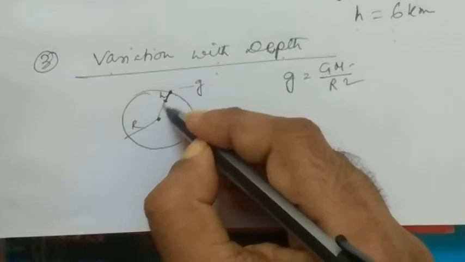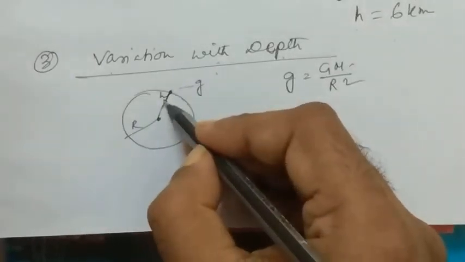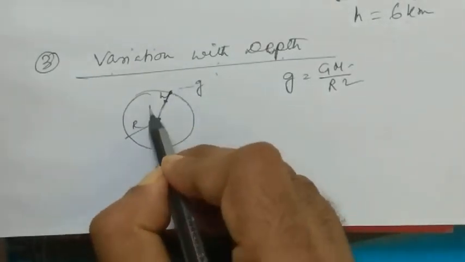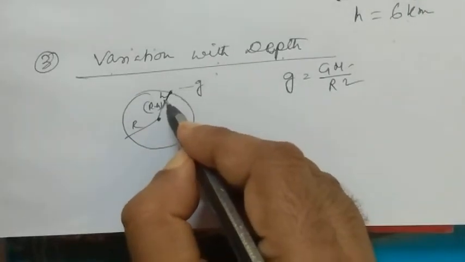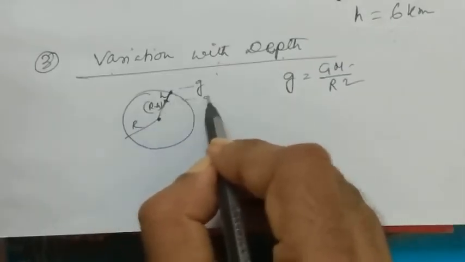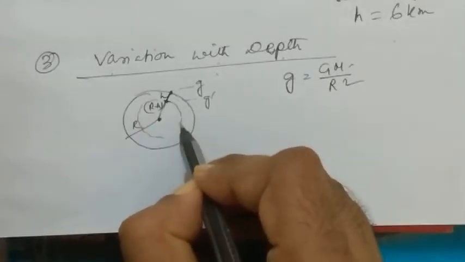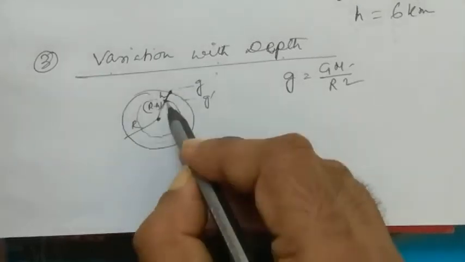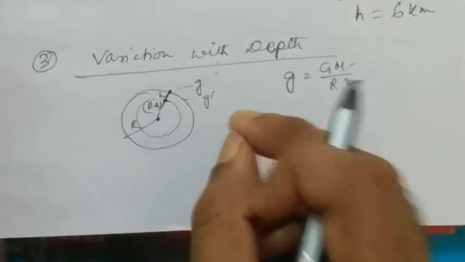Now the length of the line joining the present position of the particle and the center of the earth is r minus h. So the radius becomes r minus h. Now if the particle is at this position and we have to calculate the value of g at this position, that is g dash, the mass of the earth attracting the particle at this point will be that of a sphere of radius r minus h into its density.